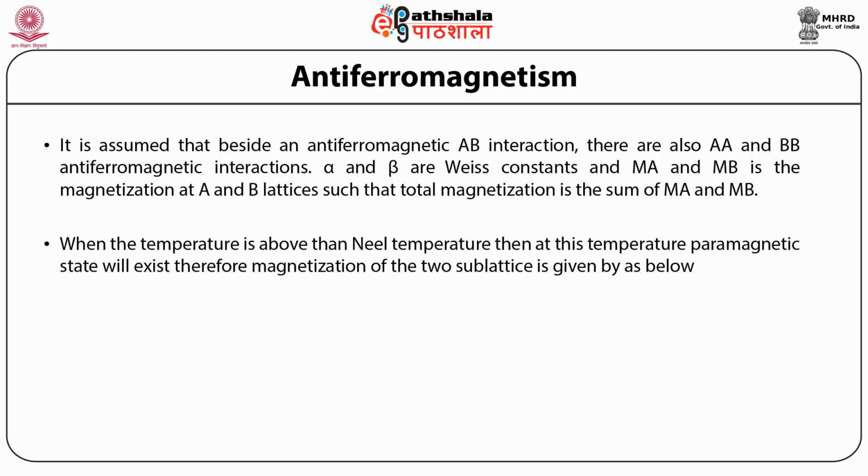Therefore, the magnetization of the sublattices is given as M_A equal to N μ J squared over 3 k_B T into B_A, and M_B is equal to N μ J squared over 3 k_B T into B_B.